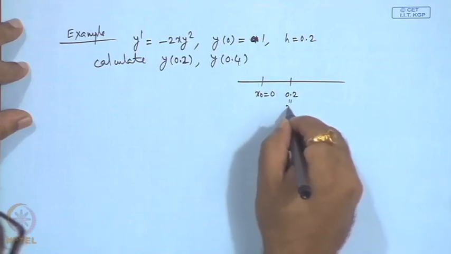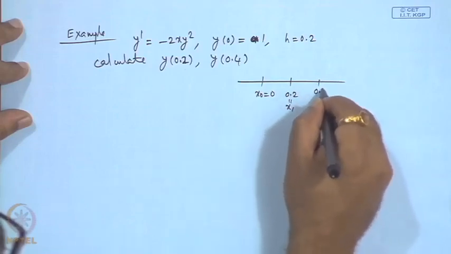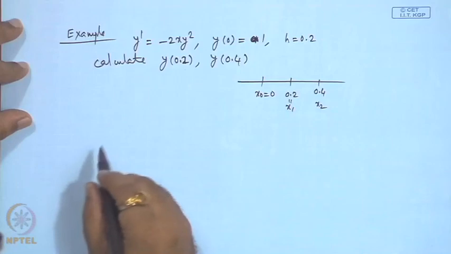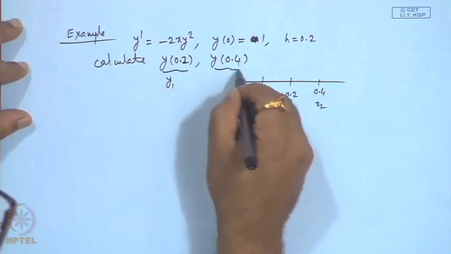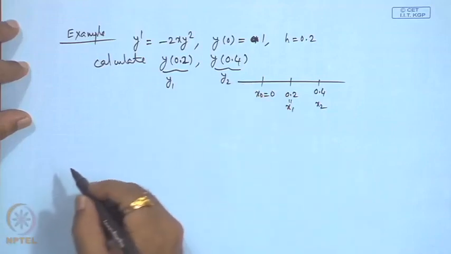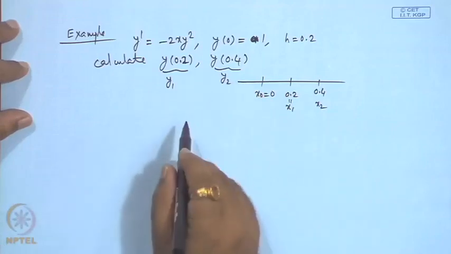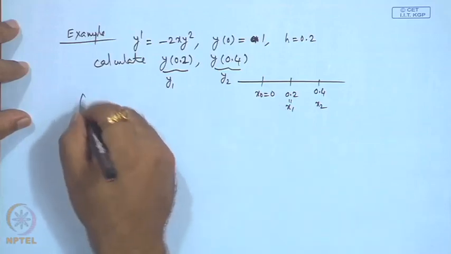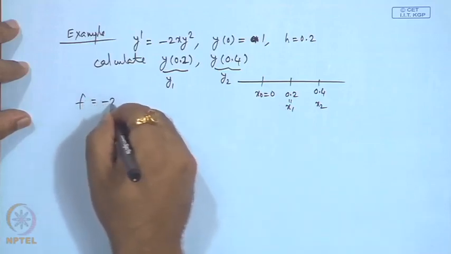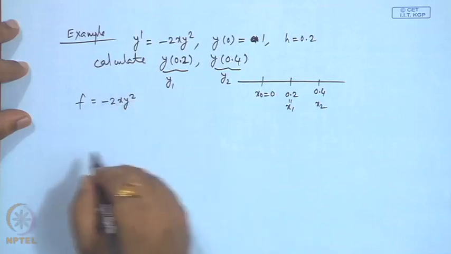So, this will be x 1. So, essentially this is y 1, this is y 2. Okay. So, let us try to compute. So, f is minus 2 x y square.